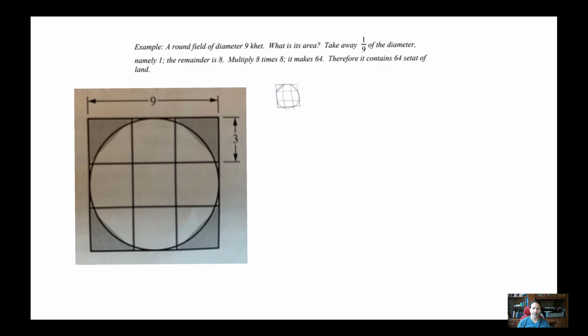All the shaded areas, let's label them S. Each of these shaded areas is very close to a triangle. But if you take these shaded areas out of this big box, what we're left with is the area of the circle.